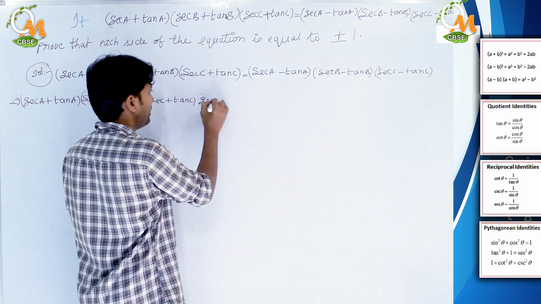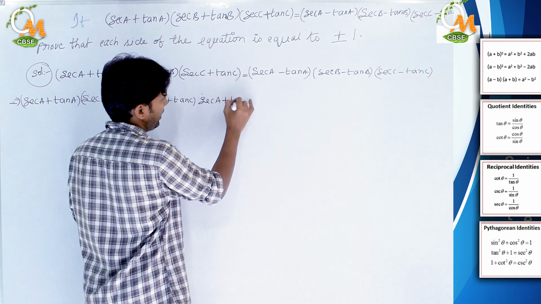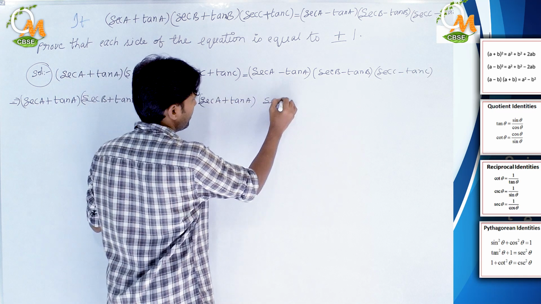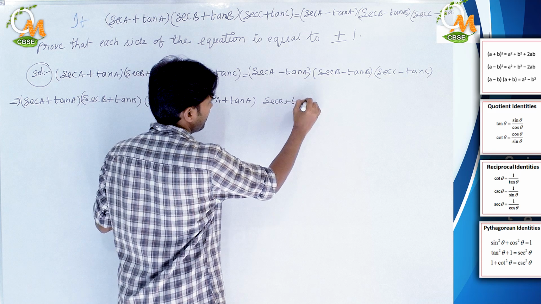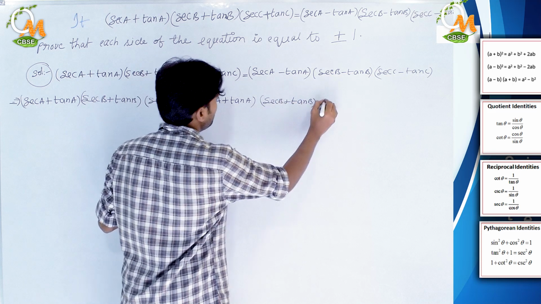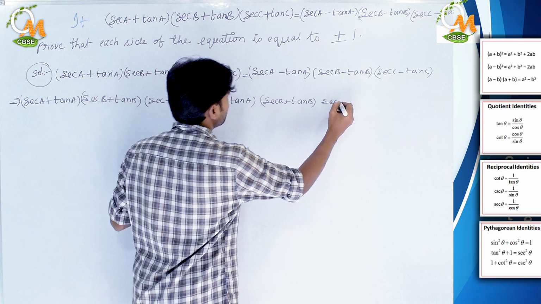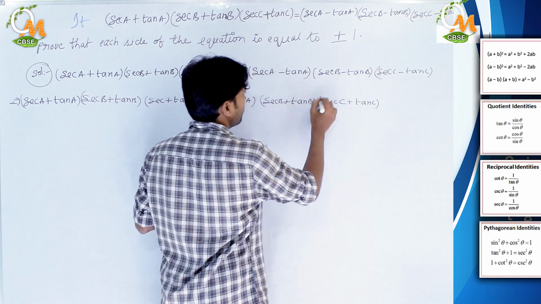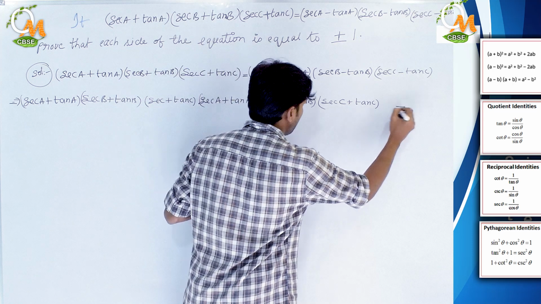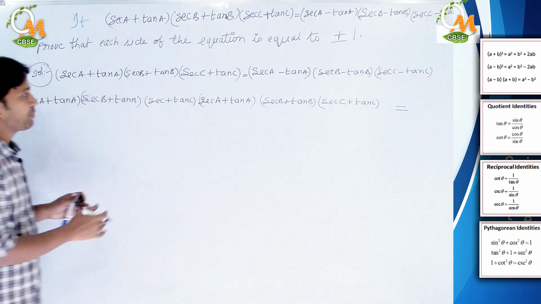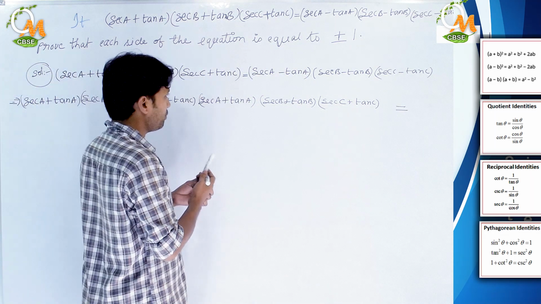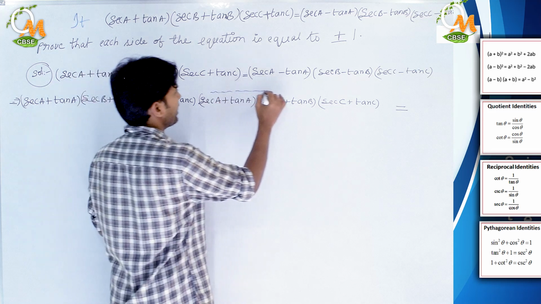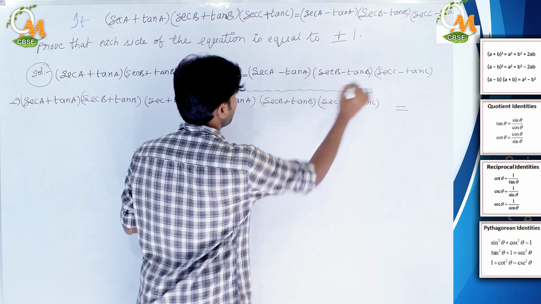Again I am writing secant A plus tan A into secant B plus tan B into secant C plus tan C. On this side we multiplied with 3 expressions.